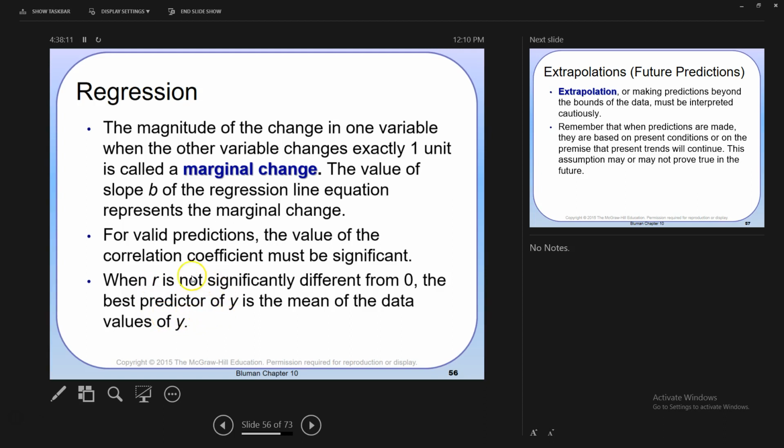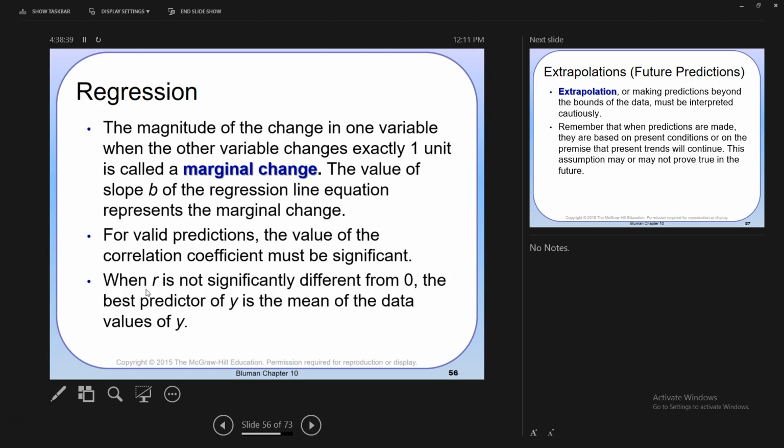In this case, we want R to be close to 1 or -1 to consider that prediction good. If we didn't have a good R, we likely may not have even made the prediction to begin with, or even calculated the equation. But in order for it to be a good prediction, we need R to be strong, so it needs to be close to 1 or close to -1.